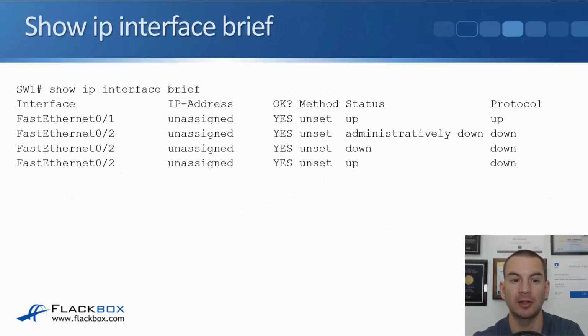So there is an example output of show ip interface brief. You can see that FastEthernet 0/1 is up, so that is all good. FastEthernet 0/2 is administratively down, so you need to do a no shutdown on the interface to bring it up. FastEthernet 0/2 is down, indicating most likely a layer 1 problem.